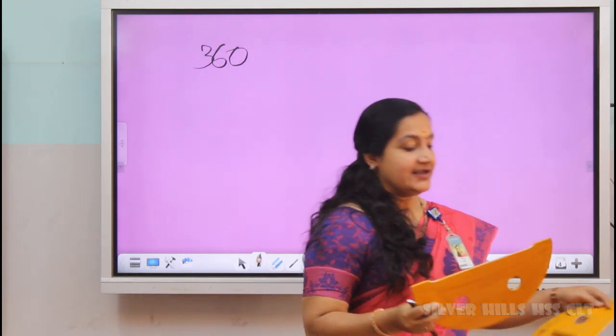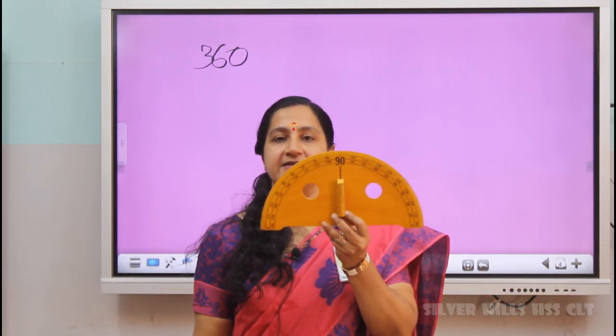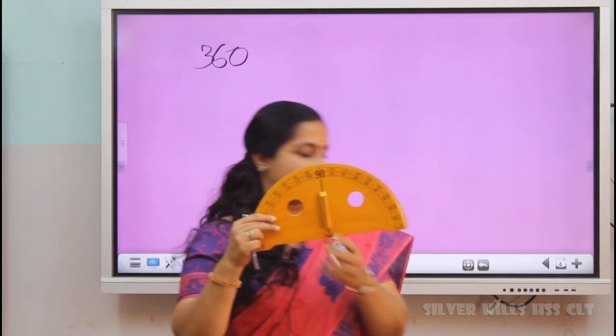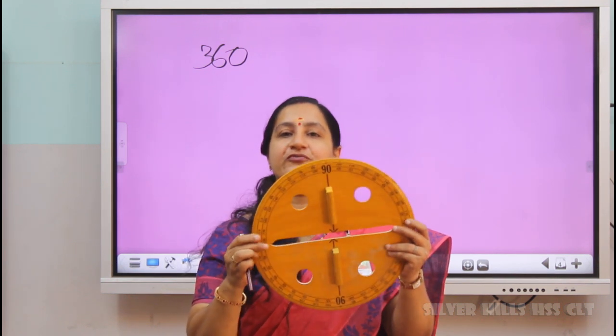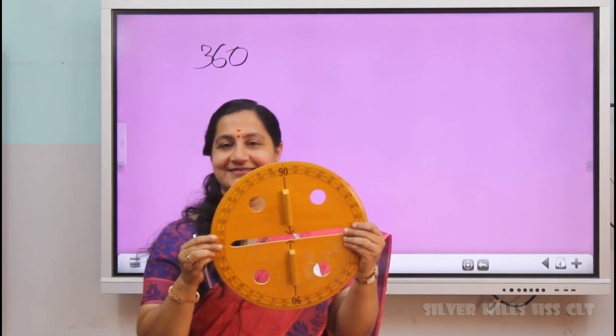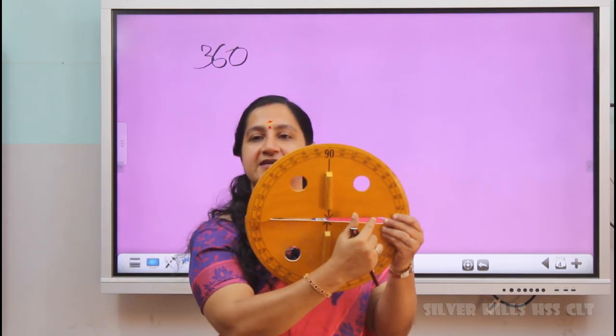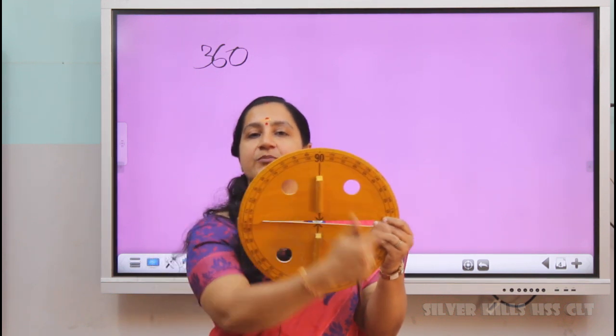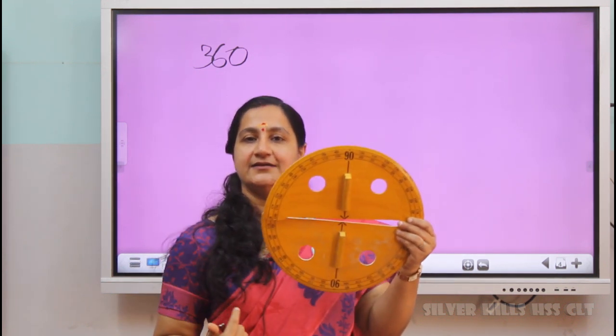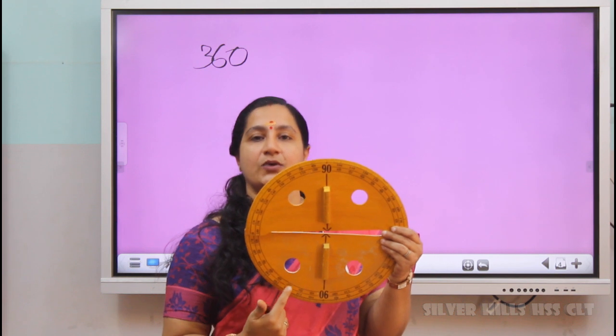Children, here we already discussed 0 to 180 on this protractor. When I fix another protractor, what is the shape of this figure? It is a circle. So 0 to 180 here, again 0 to 180 here. So what about the total angle? 180 plus 180.